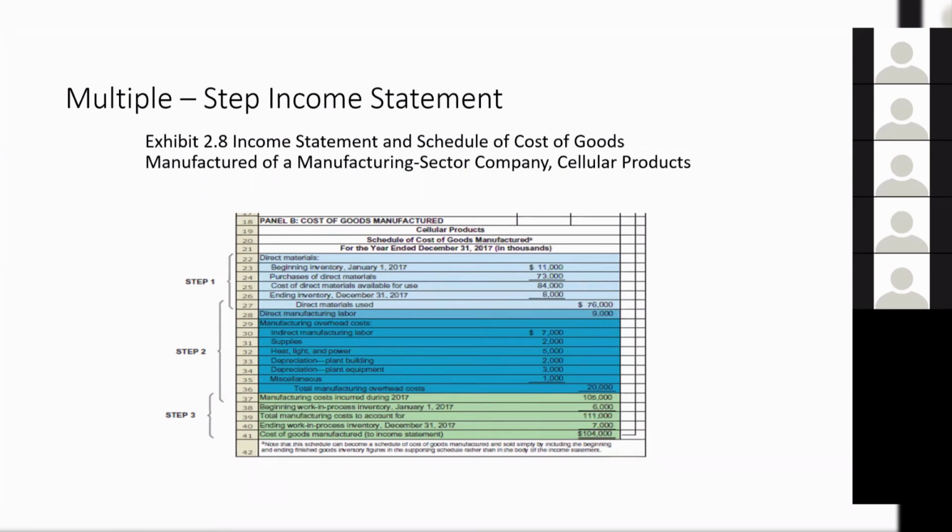So we're going to add that to all the costs that are incurred this period to come up with the total manufacturing cost to account for. All right, then we subtract the ending work in process from total manufacturing costs, and that gives us our cost of goods manufactured that we used in the last slide.